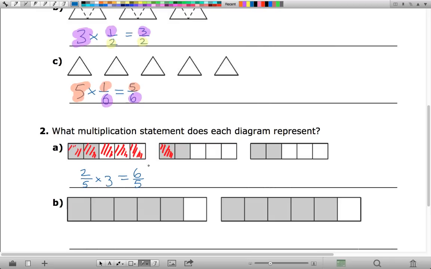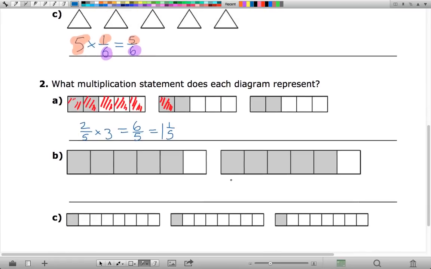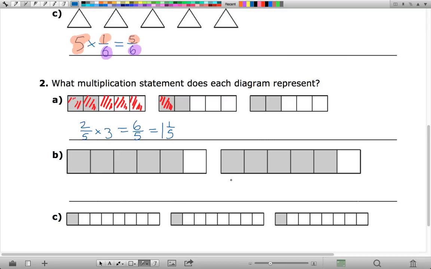And so in addition to one whole, we've got one more fifth. You can write it as an improper fraction, but if you're looking to write it as a mixed fraction, you can see what we get here.